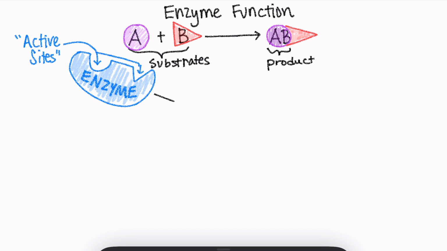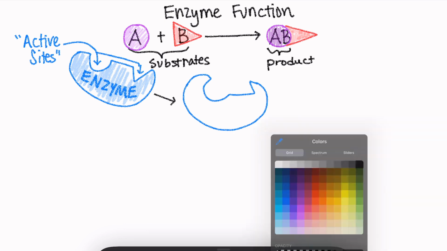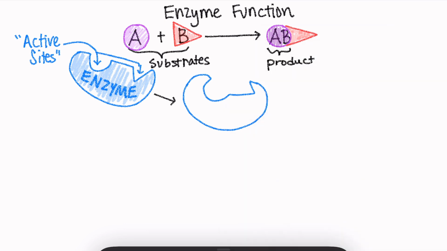So the enzyme works by binding to the substrates. And in order to do this, it actually changes shape a little bit to fit them better. I don't know how good that looks, but you're going to have the purple A molecule fit in right here.